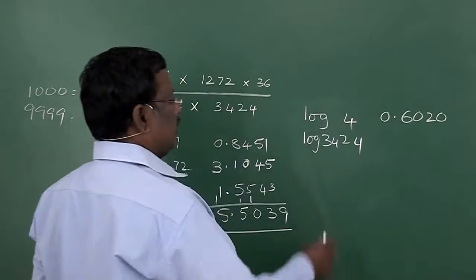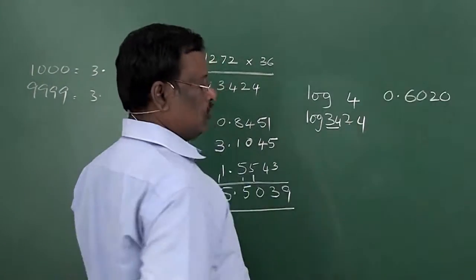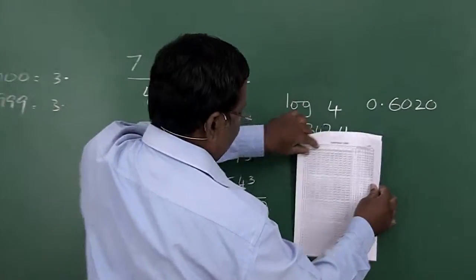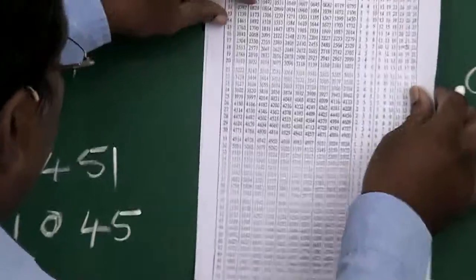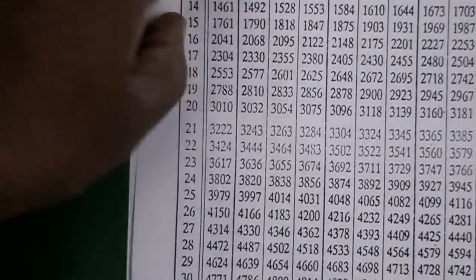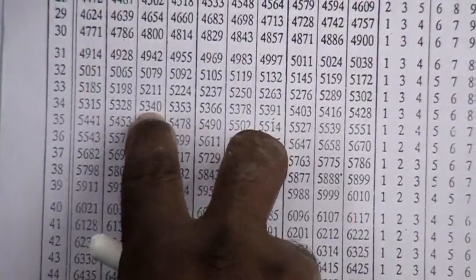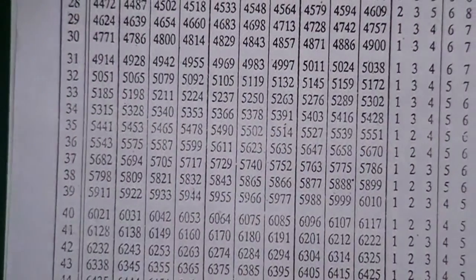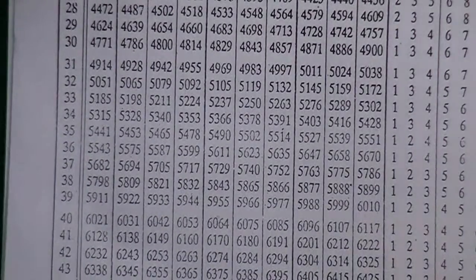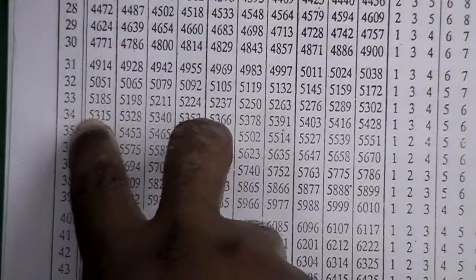Then 34 against 2. 3, 4 against 2. Here you have 3, 4. So 3, 4 against 2 is 5, 3, 4, 0. And the fourth digit is also there.